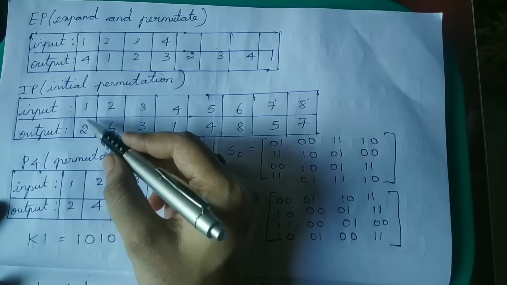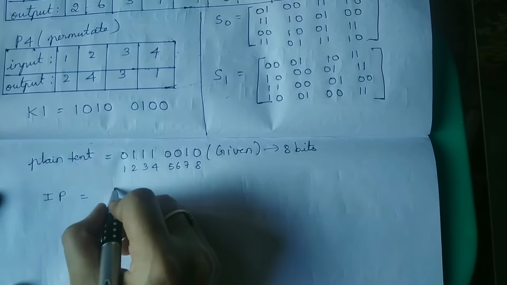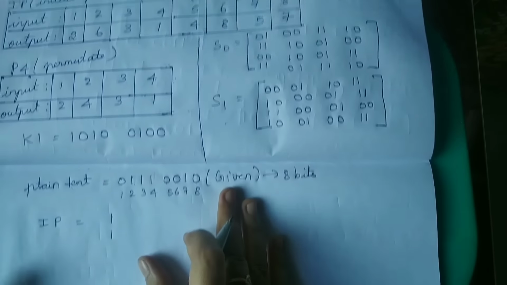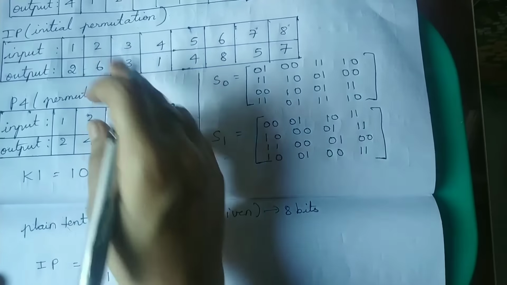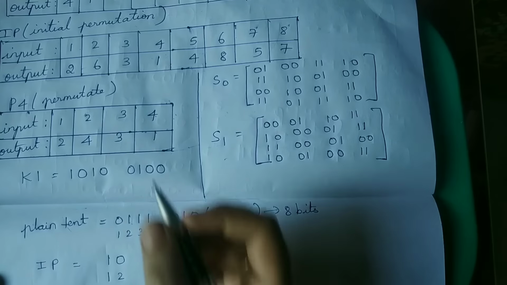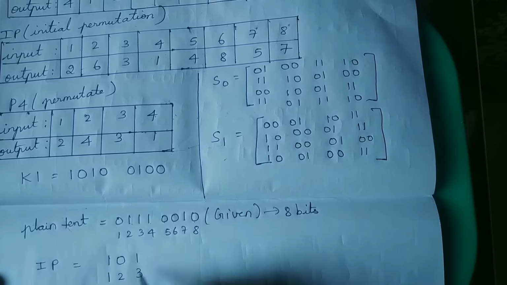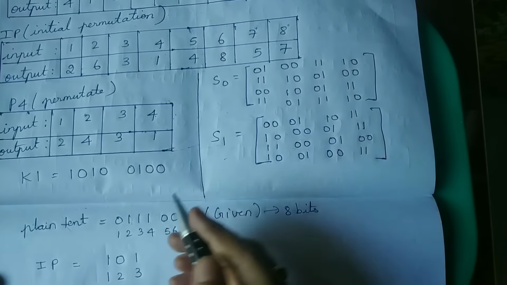So first it is 2 to 1. The second bit should come to 1, so 1 to 1. Next it is 6 to 2. Here the sixth bit is 0, so 0 to 2. Next it is 3 to 3. The third bit is 1, so 1 to 3. Next it is 1 to 4.